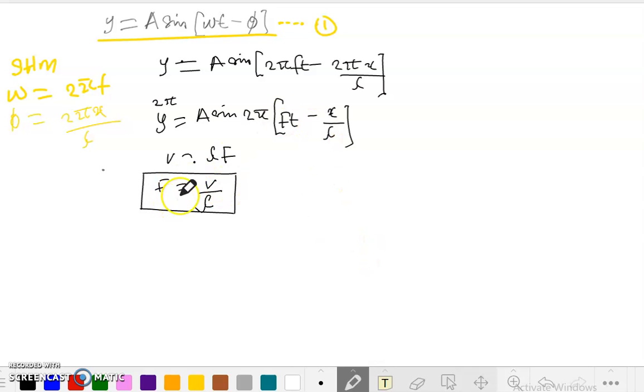Let's replace f, which is v divided by lambda, into this equation, so that we have y to be a sine 2 pi.